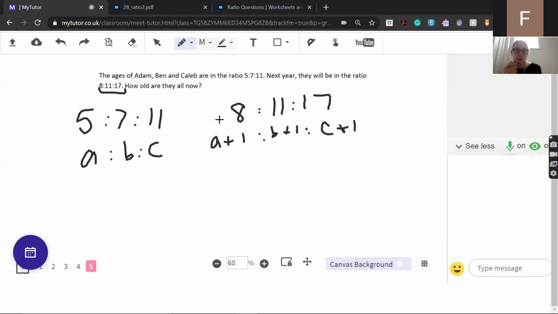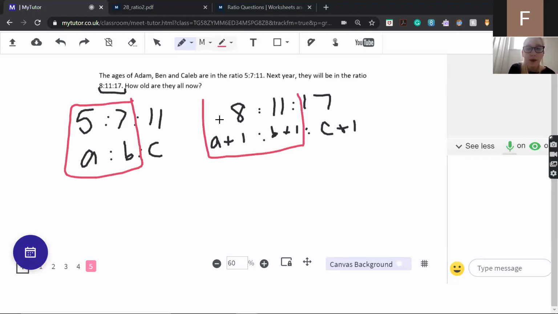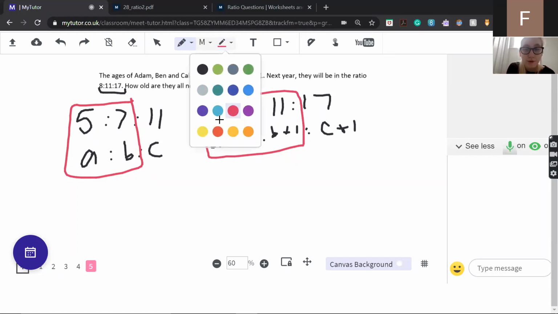And then we can do something with these. So what I'm going to do is section off a part of these. So we're going to forget about Caleb for now. Sorry, Caleb. We're just going to think about the ratios of Adam and Ben. So Adam and Ben now are in the ratio 5 to 7, and next year they'll be in the ratio 8 to 11. So we're going to do cross multiplication of both of these and basically come up with some simultaneous equations.